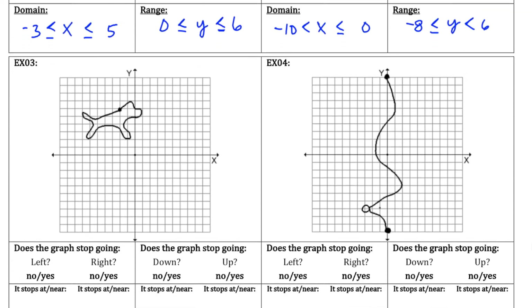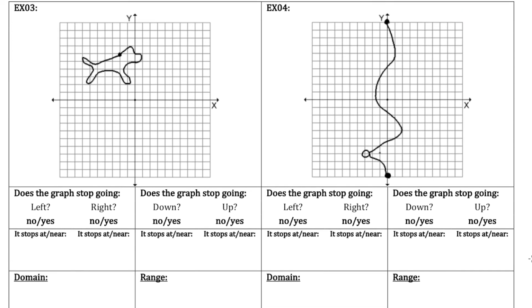Okay, last 2. So we have this thing, not sure what it is. So does the graph stop going left? Yeah, right here. -7. Stop going right? Yeah, right here at 1. So it stops going left at -7, stops going right at +1.